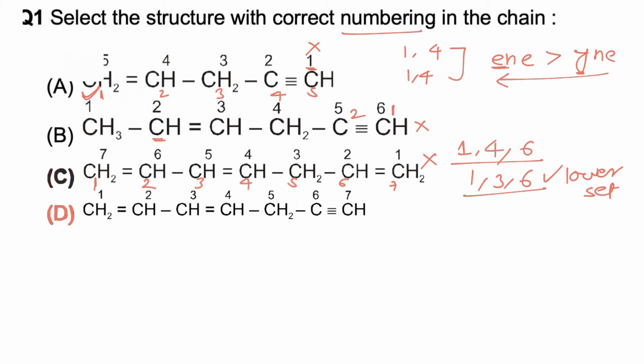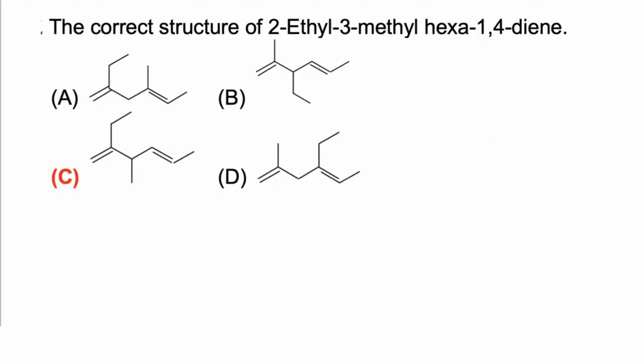While in option D, numbering starts from the left end, and according to the lowest set of locants, the multiple bonds are present at 1, 3 and 6 from the left side. So this is the correct numbering, and hence the correct answer is D. In this question, we have to identify the correct structure of 2-ethyl-3-methylhexa-1,4-diene. So the molecule must have 6 carbons in the main chain, and at positions 1 and 4 the multiple bonds are present.